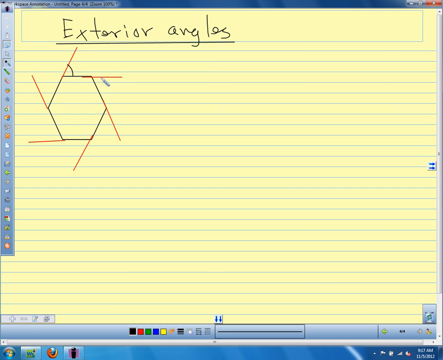And these angles out here are our exterior angles. So these are our exterior angles out here. We're just extending the sides and making these exterior angles. We're going to state this as a theorem.